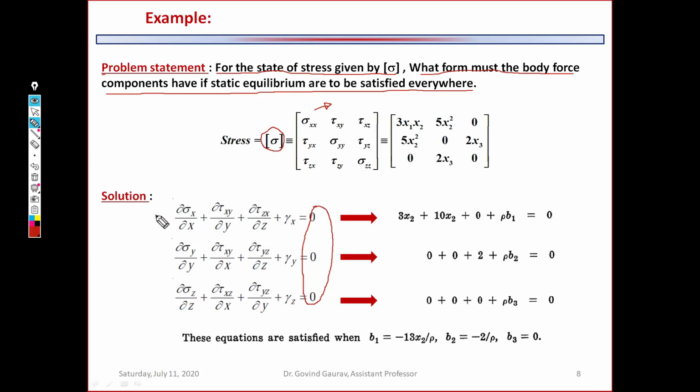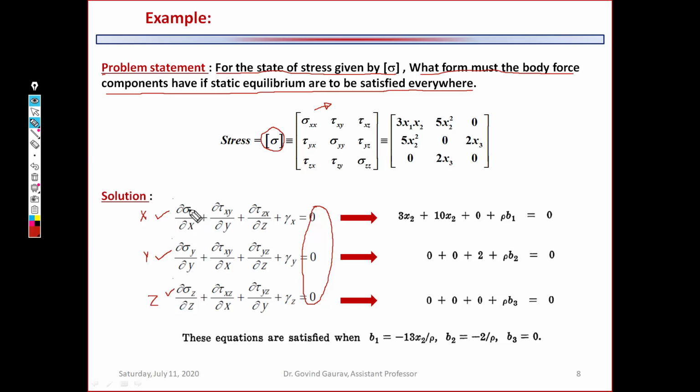And these are the three equations which we have derived based upon the equation of equilibrium in the x direction, the equation of equilibrium in the y direction, and the equation of equilibrium in the z direction.